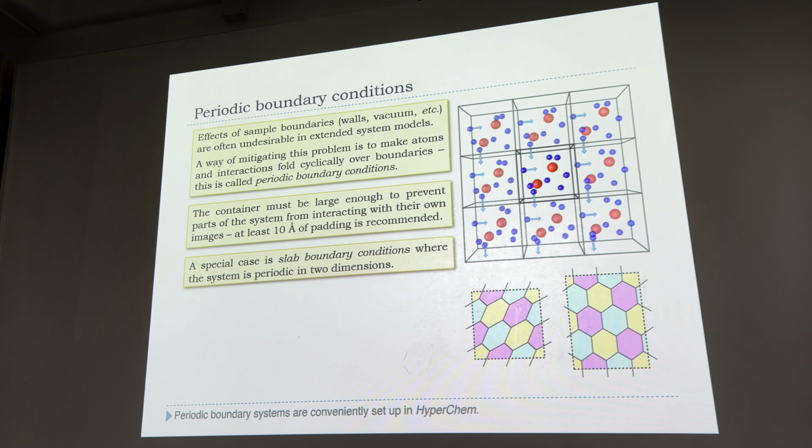The periodic boundary can be two-dimensional rather than three. If you have a surface, for example, a surface is periodic in two dimensions but not periodic in the third one, in which case you would have some combined conditions: vacuum on the non-periodic coordinate and periodicity on the other two.